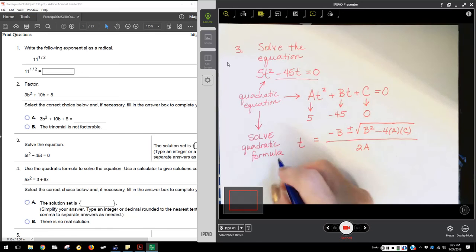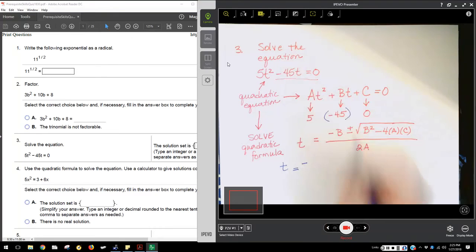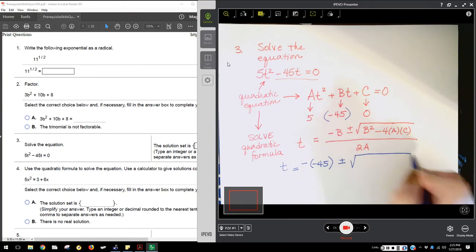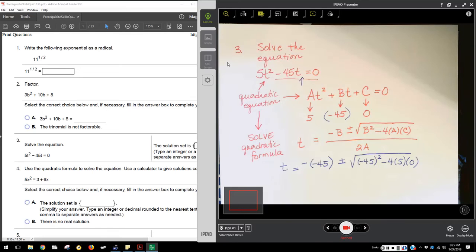So to solve our quadratic equation, we have t is equal to the opposite of b. B is negative 45. Plus or minus the square root of the value of b, which again is negative 45, squared, minus 4 times the value of a, which is 5, times the value of c, which is 0, because there is no constant term, so that would have been 0.